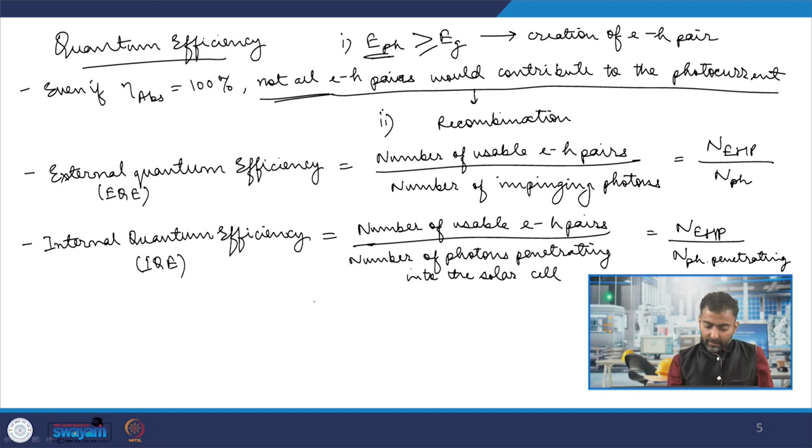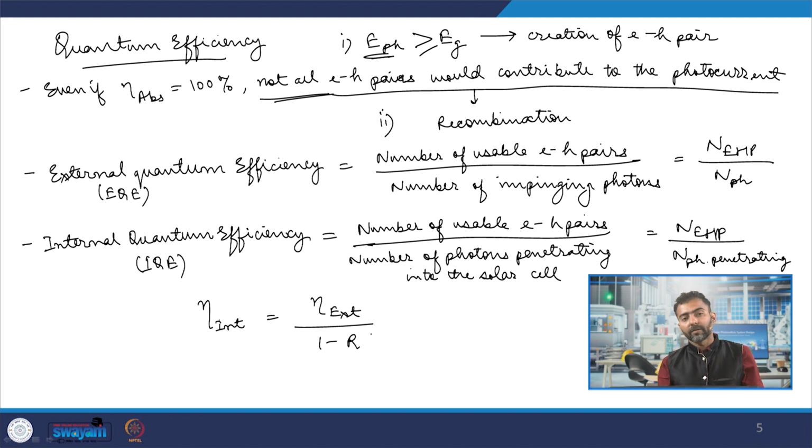In other words, I can say that eta internal, the internal quantum efficiency, is equal to eta external, the external quantum efficiency, divided by 1 minus R. So, whatever is reflected, suppose 10% is getting reflected, 1 minus R is 0.9, so I will divide the eta external by 0.9.